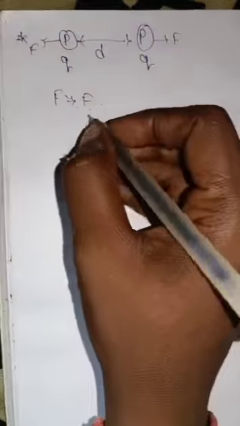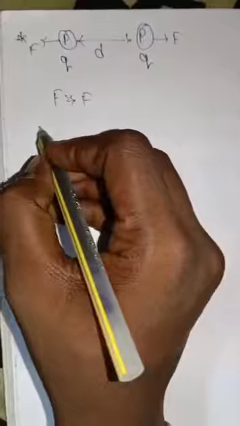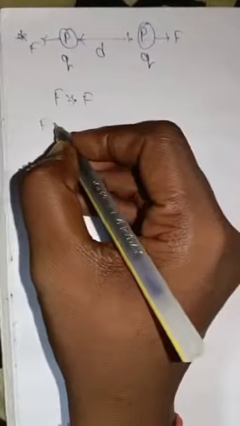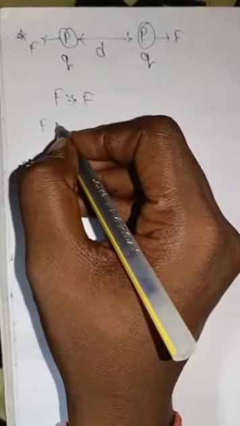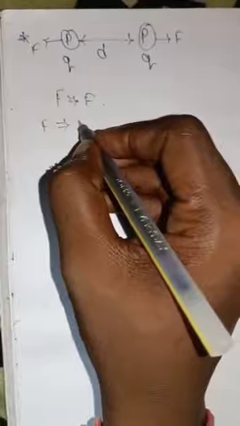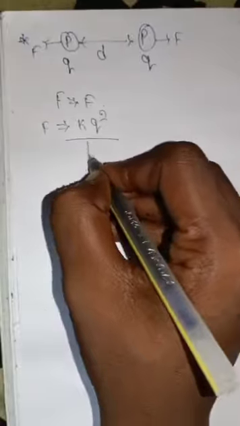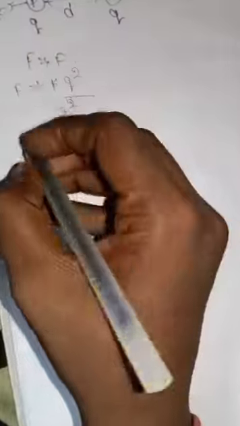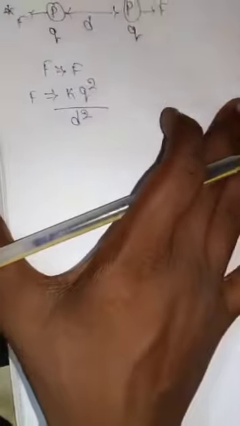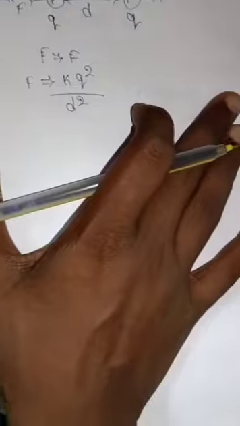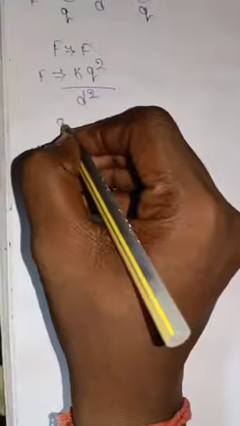First we need to find the force between them, the repulsive force between them, like kq square divided by d square. Once we find the force, then by the force we can find the charge.